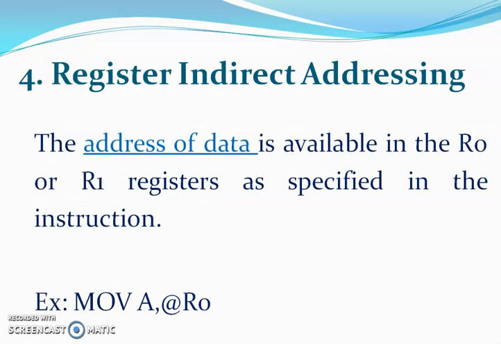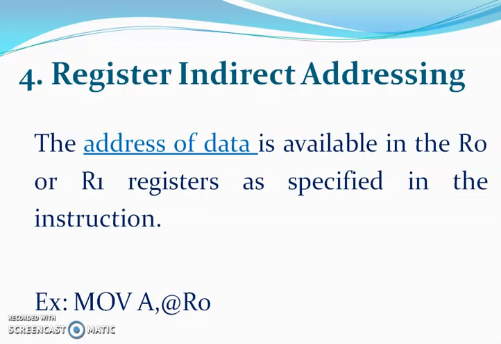Moving on to the next addressing mode, register indirect addressing. In register indirect addressing, once again we are making use of the general purpose register R0 or R1. These two registers are used for storing the memory location's address.